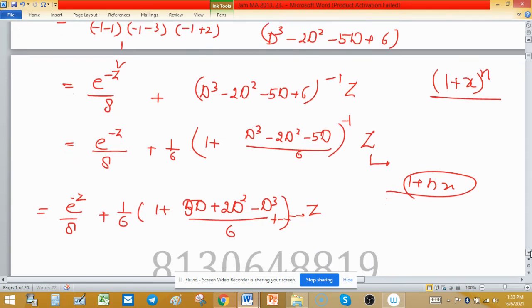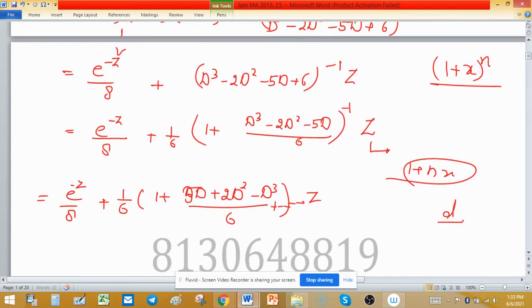So this D is a differential operator d over dz. So derivative of z, this will be 1. So only this D will work, and other higher order terms will go to 0.